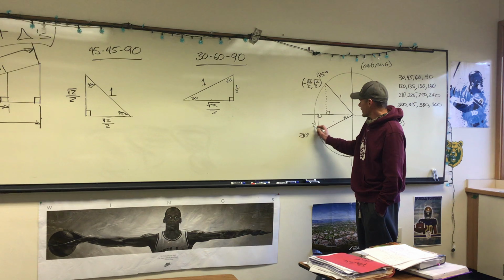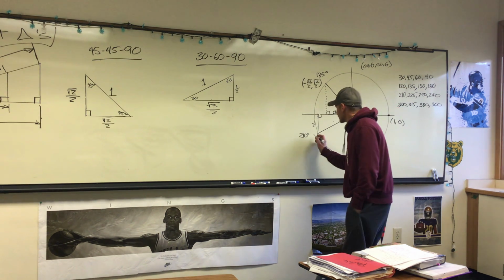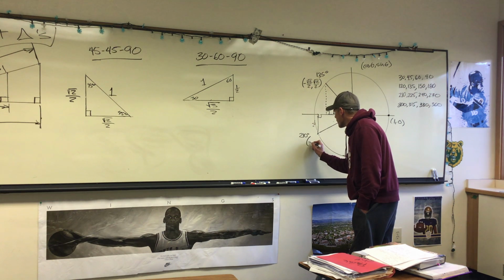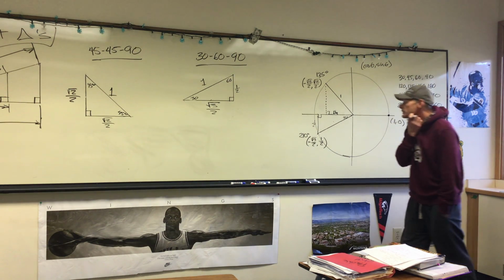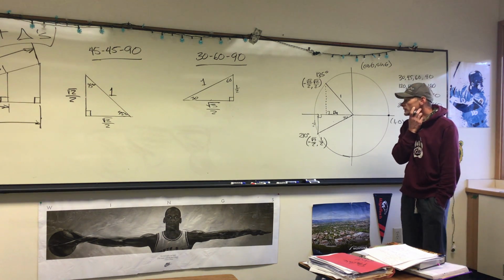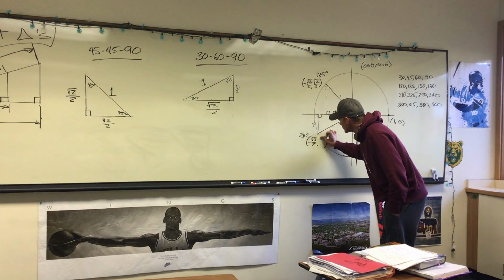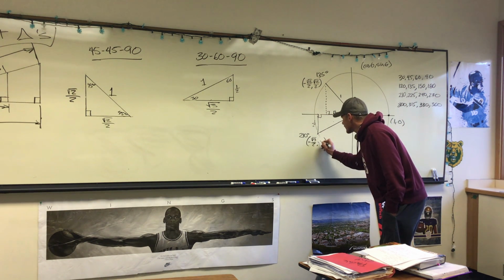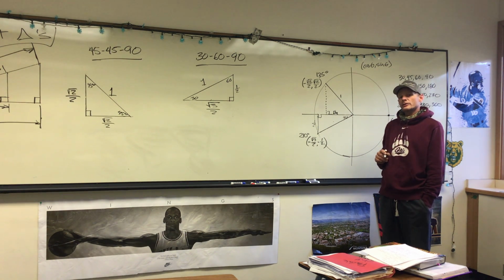This side is 1/2, and this side is square root of 3 over 2. So the coordinates here are minus square root of 3 over 2 and positive 1/2. So therefore the sine of 210 degrees, 1/2. No, minus 1/2, isn't it? These are both negative. The sine of 210 degrees is minus 1/2, and the cosine of 210 degrees is minus square root of 3 over 2.